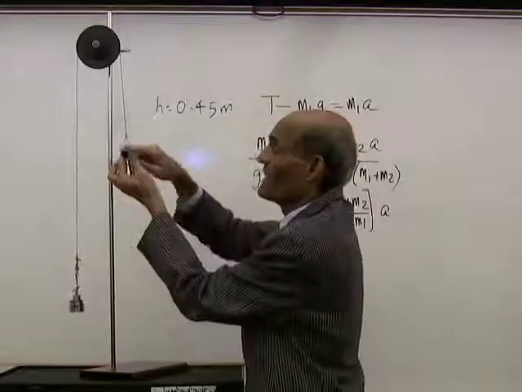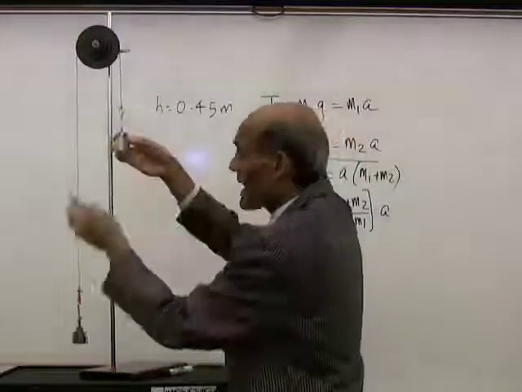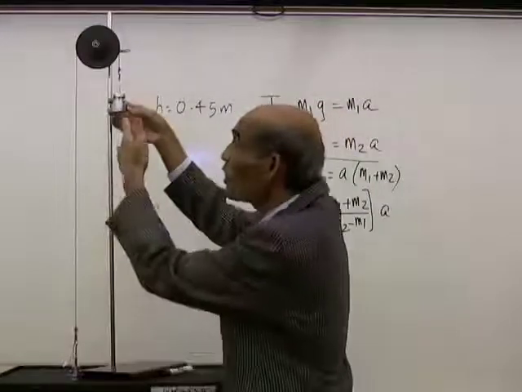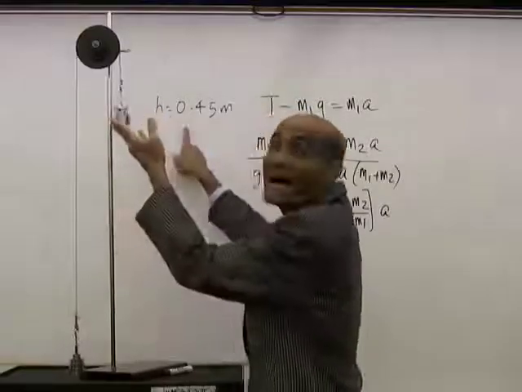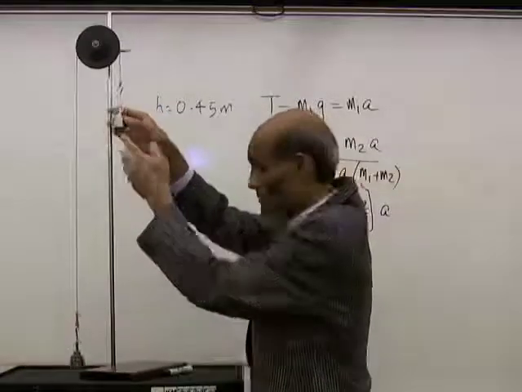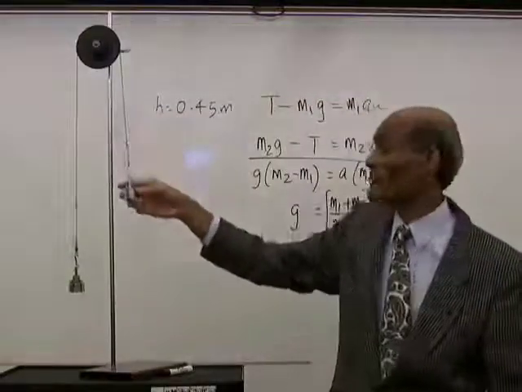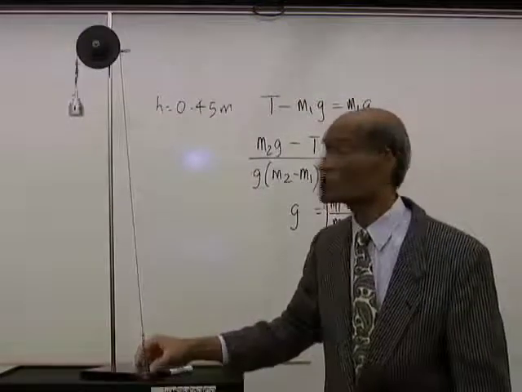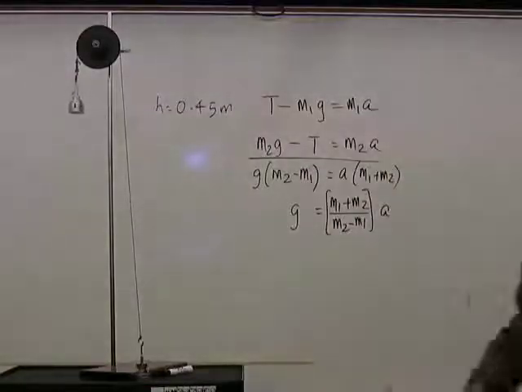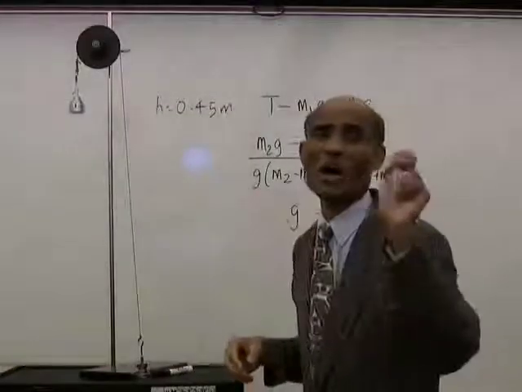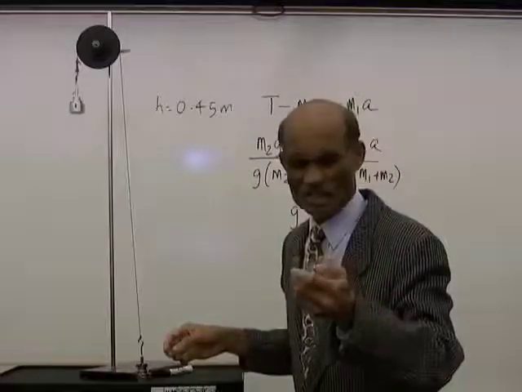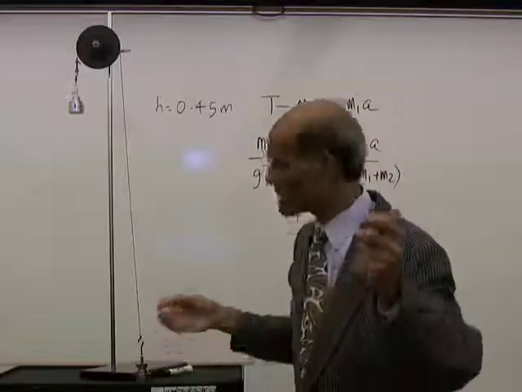Okay. Now, if I let it fall, it is going to fall through this height. And I'm going to measure the time taken for that to happen. Let me get my stop clock. I'm using an old Chinese clock here, and it's not going to be very easy to measure the time.